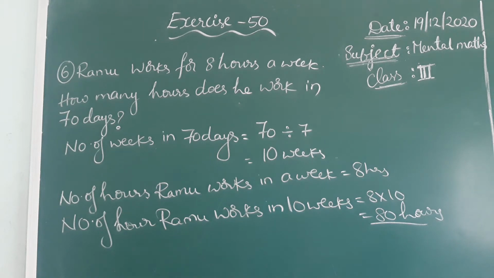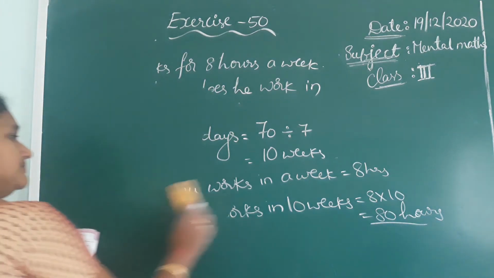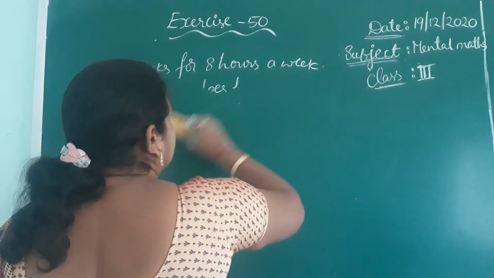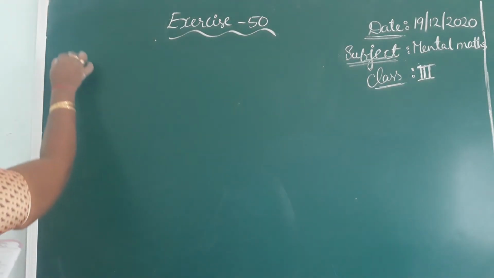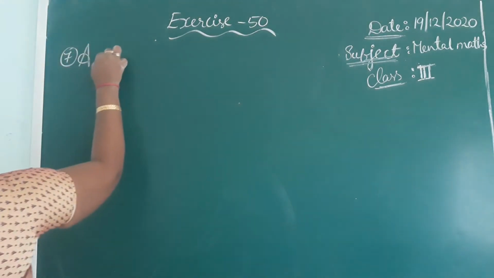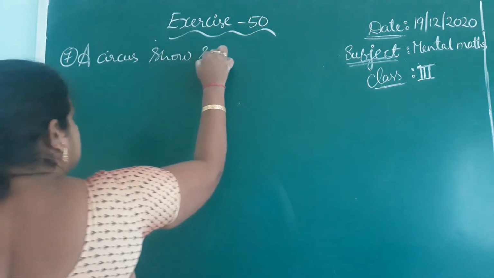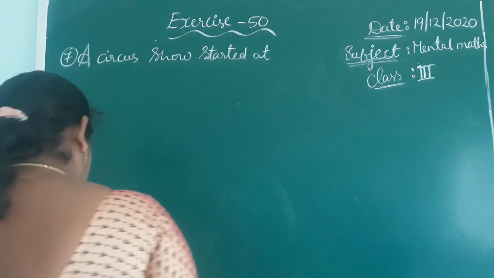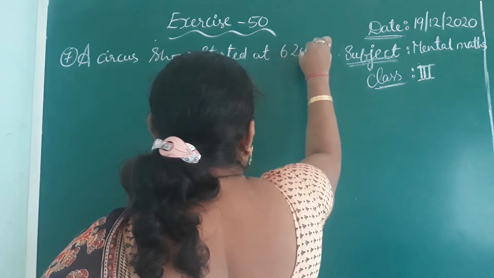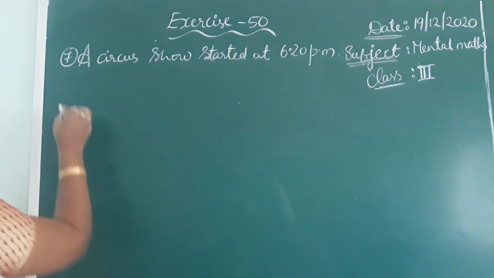A circus show started at 6:20 p.m. and went for 55 minutes.